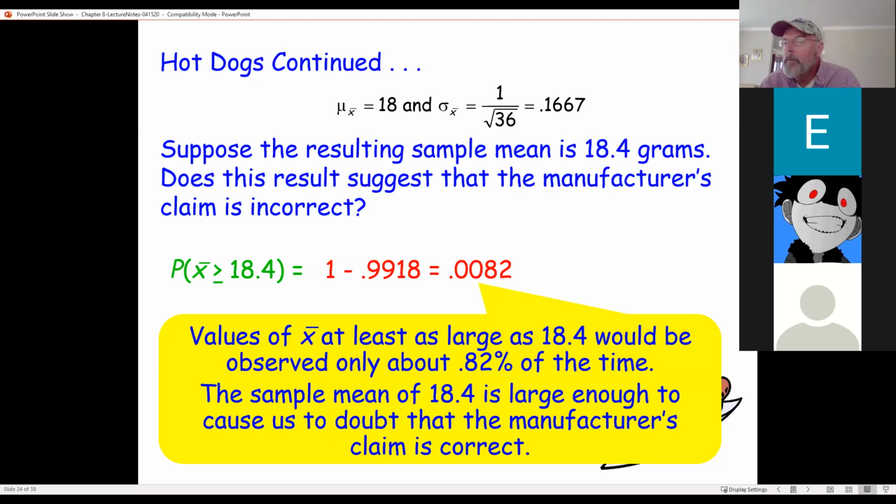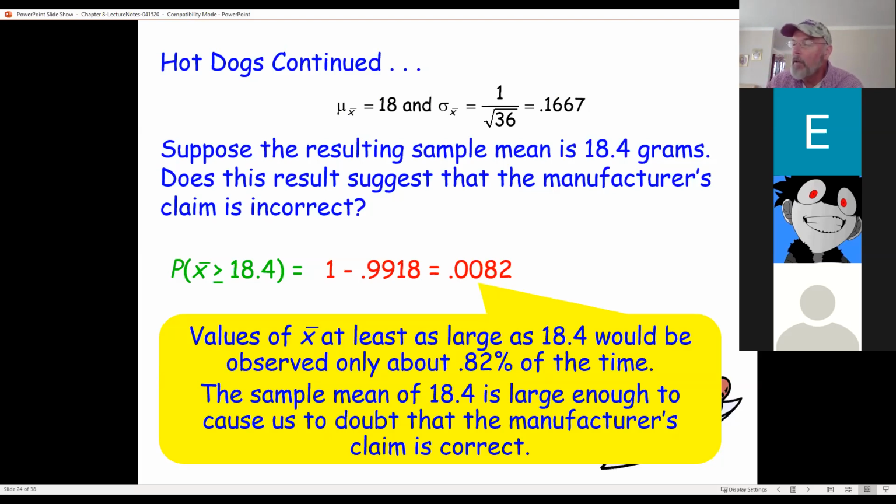Values of the sample mean at least as large as 18.4 are observed 0.82% of the time, and that is a very, very small percentage.